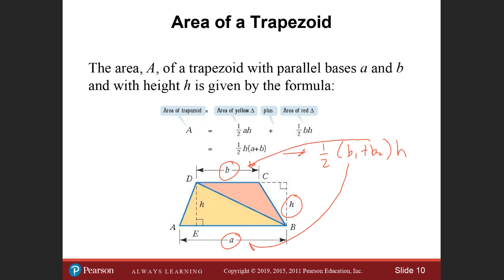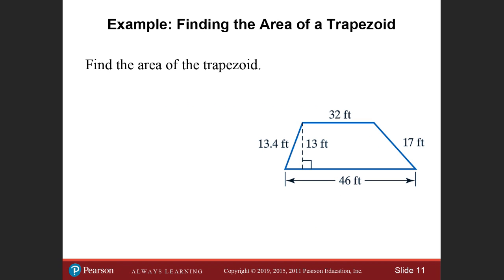So let's look at the example here. Find the area of the trapezoid. You're given the dimensions. So you have here your A and B. Those are the bases. So let's label that A here, and you have a B here, and you have your height, which is 13.